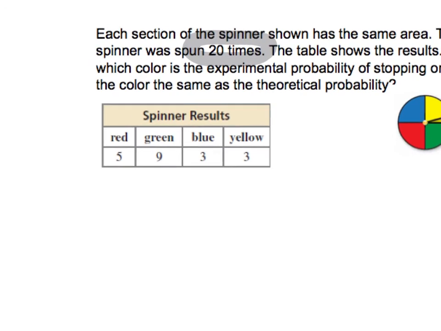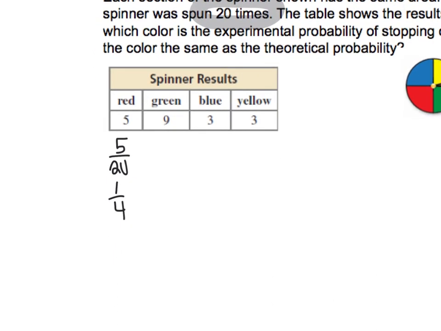If they spun it 20 times, that means they got red 5 out of 20 times, which would simplify to 1 out of 4, which is 25%. If we did green 9 out of 20 times, 9 divided by 20 is going to give us 0.45, or 45%. 45% of the time they got green.